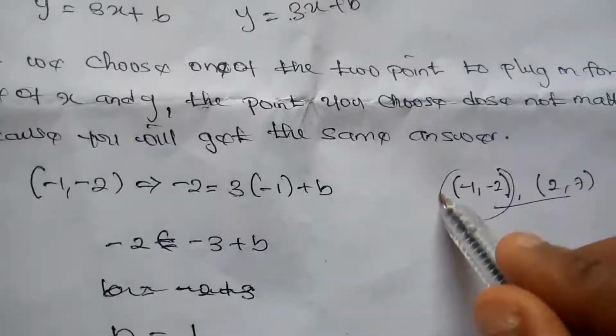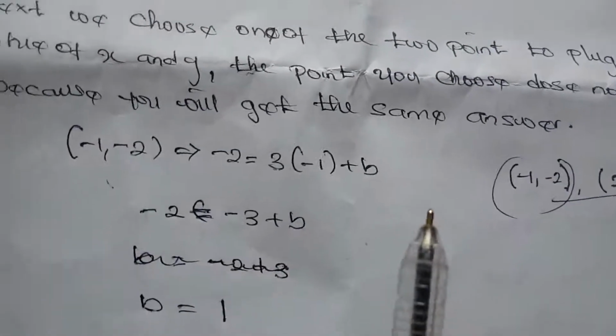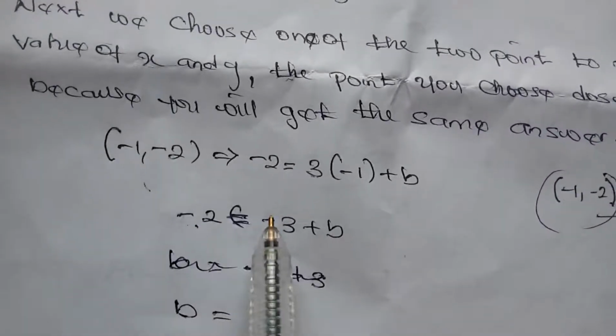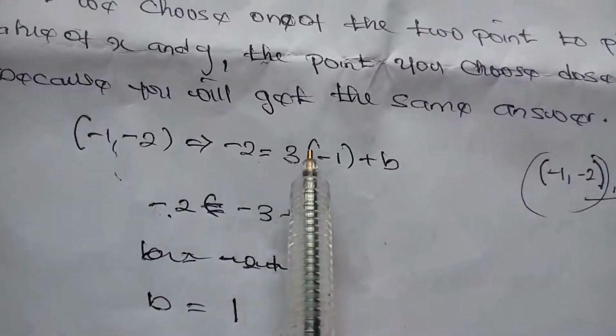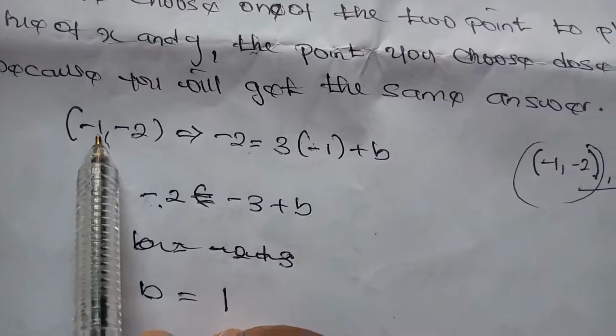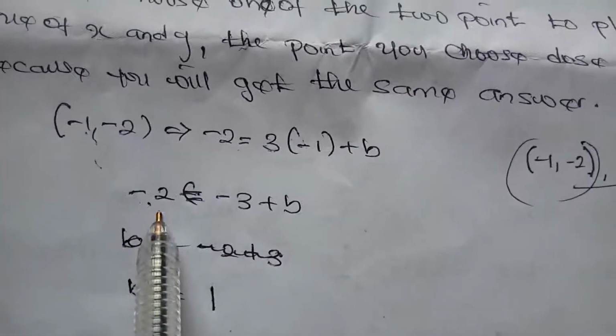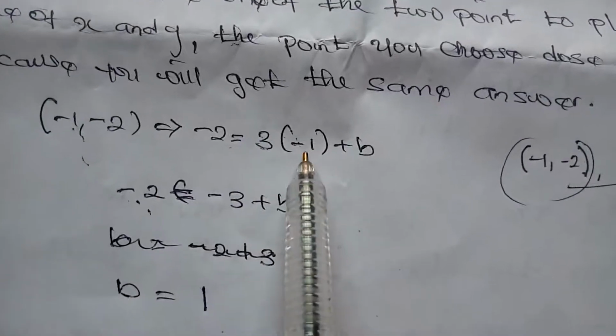So we pick the first one. Our y1 is -2, that's our y. Anywhere you see y and x, you put -2 and -1. Where we see y, put -2. Where we see x, put -1.